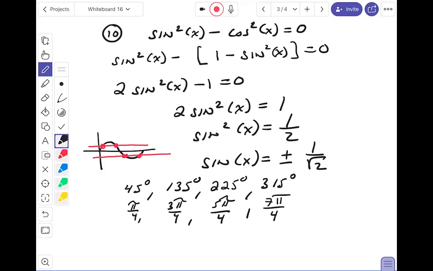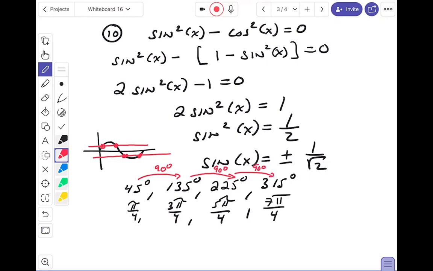It keeps repeating itself. Is there a general statement I can make on this one over here that's not going to be so complicated that I have to write down a bunch of things? Well, this goes up what? 90 degrees, doesn't it? And if I did this one, that would be up 90 degrees, wouldn't it? And if I did this one over here, well, 225 plus 90, it's still 90 degrees up.